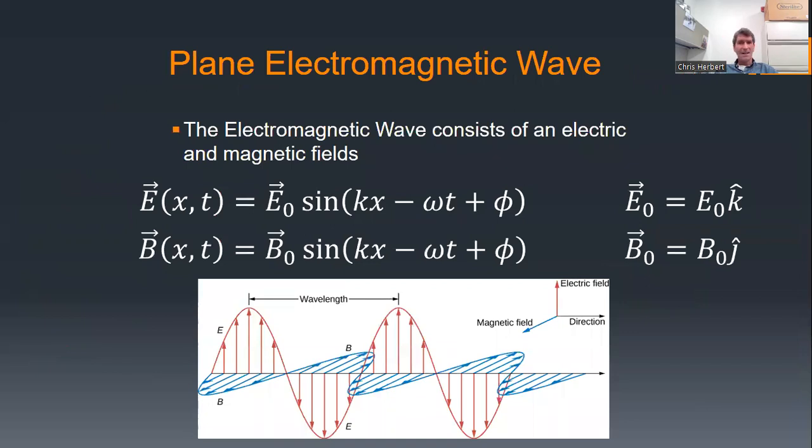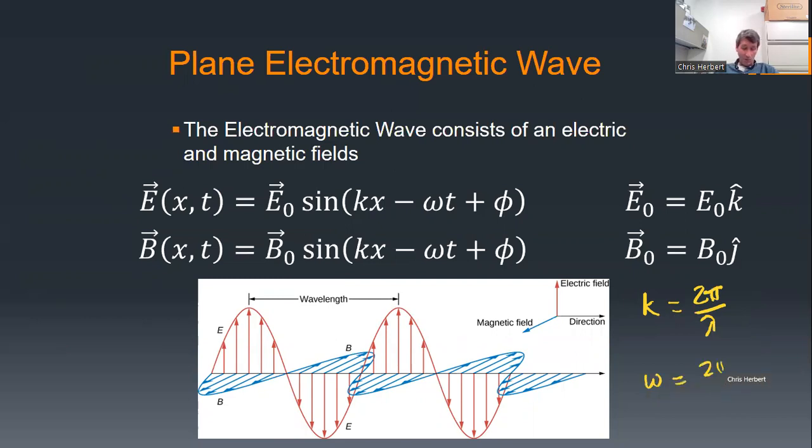Again, there's a lot going on here, and in terms of understanding, if you come away with anything, I hope you understand how k affects the way the wave looks, and how omega affects it. K is 2 pi over lambda.